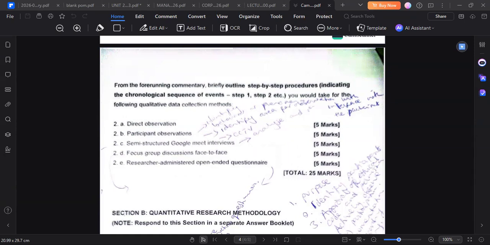Direct observations involve the researcher observing and recording the behavior in a natural setting without what? Participating. So here the researcher will remain detached. You can use a checklist, field notes, or video recording. So you can have an observation in a classroom.